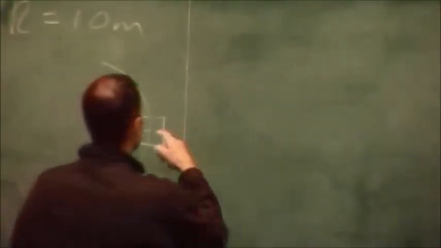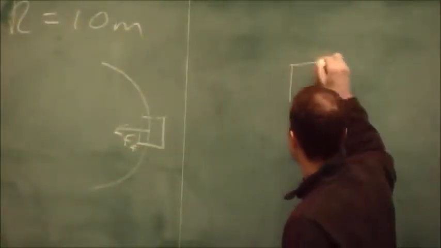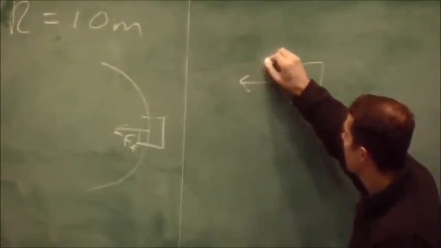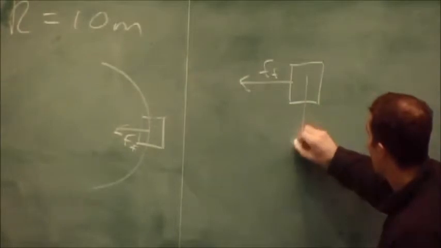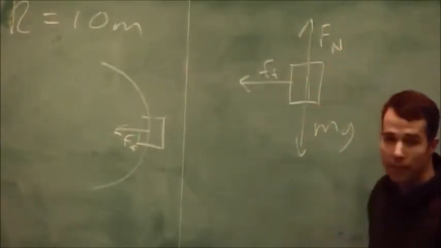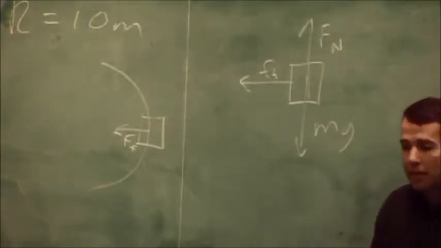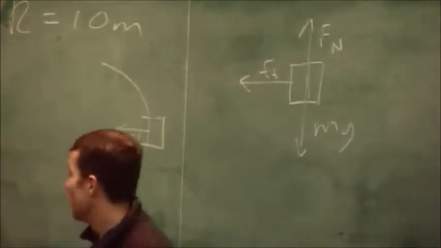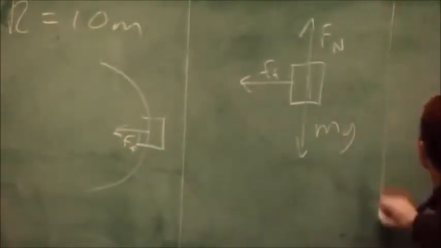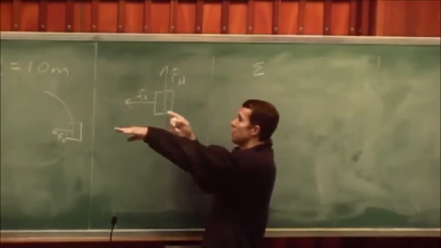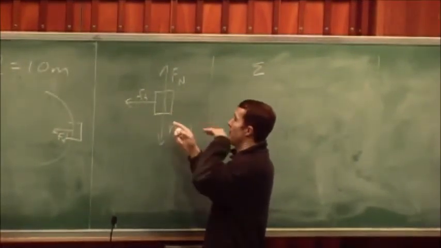Now this is from the side. If I look at it, I'm going to have a frictional force here, mg here, and my normal force here. Do I have anything else? Okay, let's sum the forces. This is looking at my car head on, or from the back.